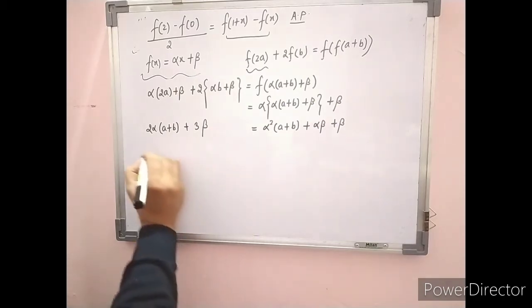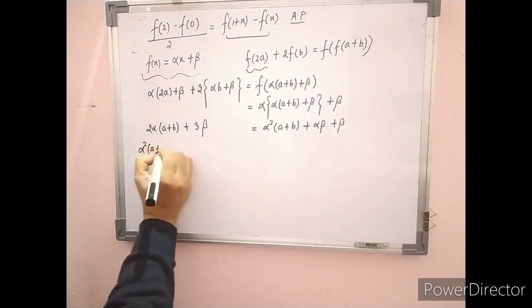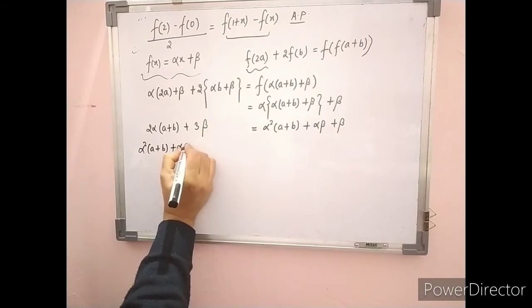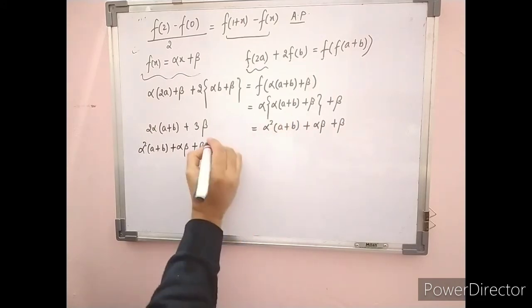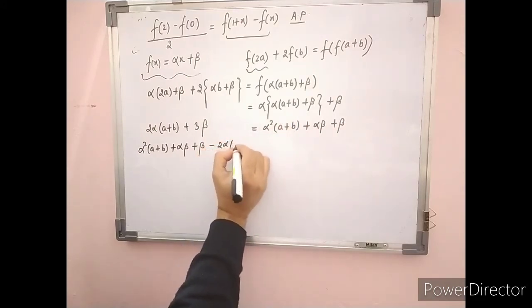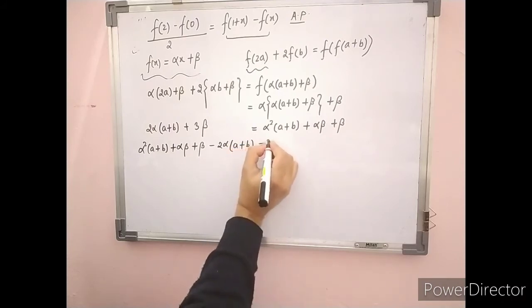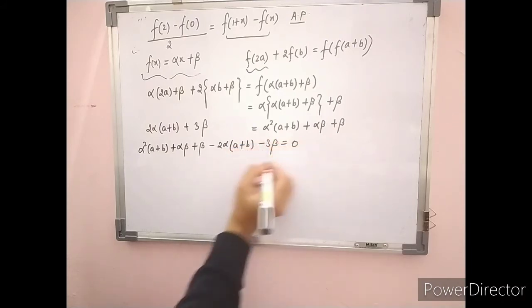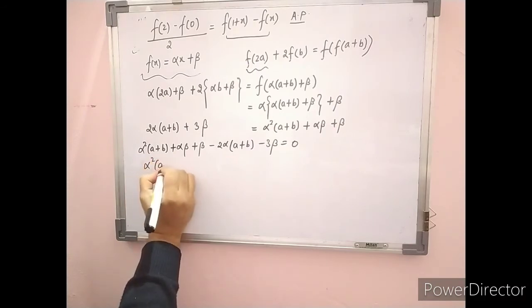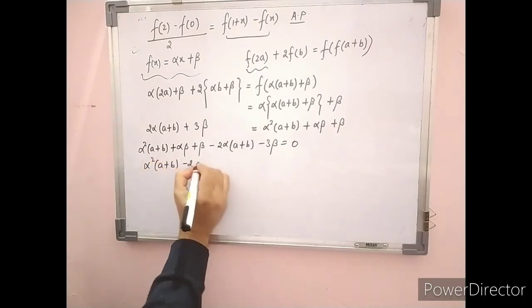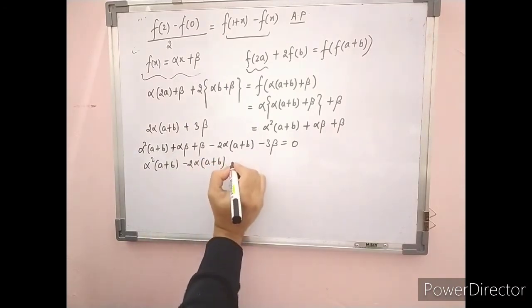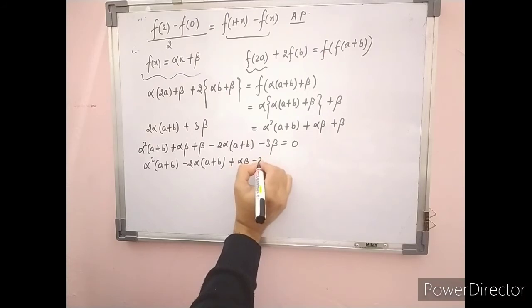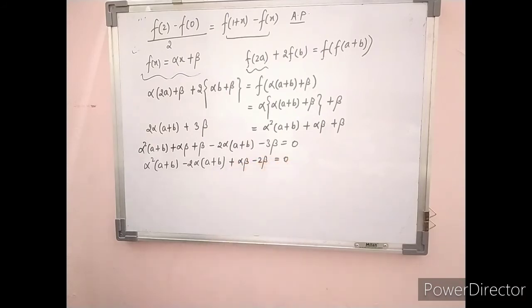So we can write it like this: alpha square (a plus b) plus alpha beta plus beta, and taking this whole term on the right hand side, we can write: alpha square (a plus b) minus twice of alpha (a plus b), and from here alpha beta minus twice of beta is equal to 0.